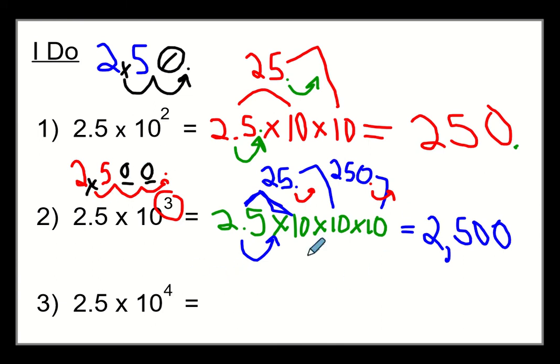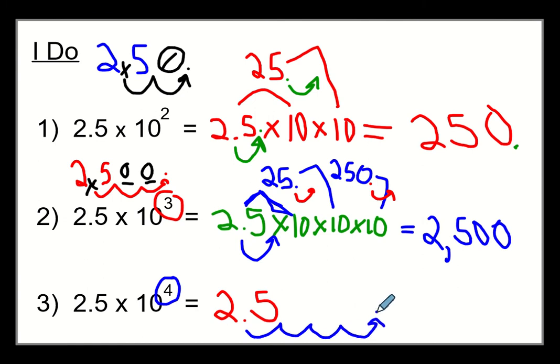This long form is not necessary if we are aware of the patterns that occur when we multiply a decimal by a power of 10. So for number 3, let's just put 2.5, or 2 and 5 tenths, and then I'm going to move my decimal over 4 times: 1, 2, 3, and 4.